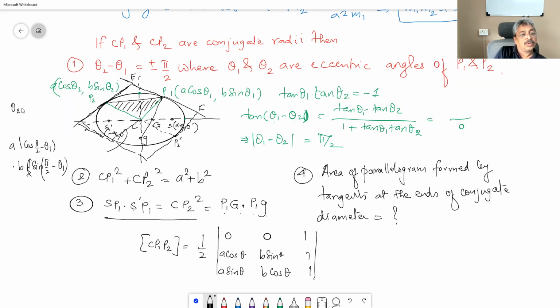Theta 2 minus theta 1 is equal to pi by 2, therefore theta 2 is equal to pi by 2 plus theta 1. Acha, everywhere I have to write plus, and then cos of pi by 2 plus theta 1 is minus sin theta 1. So here there will be a minus sign. Sin of pi by 2 plus theta 1 is cos theta 1. And this is going to be 2 times half times AB.